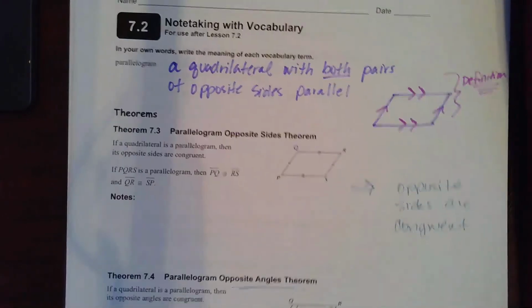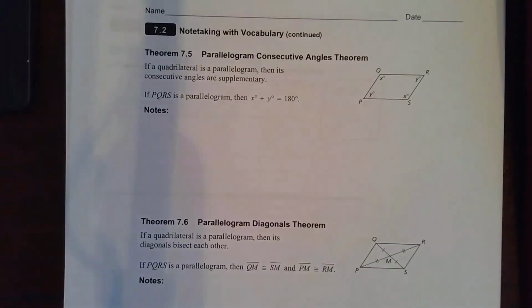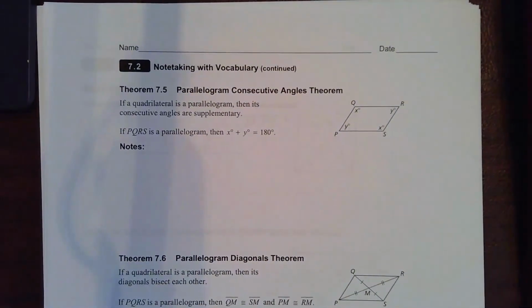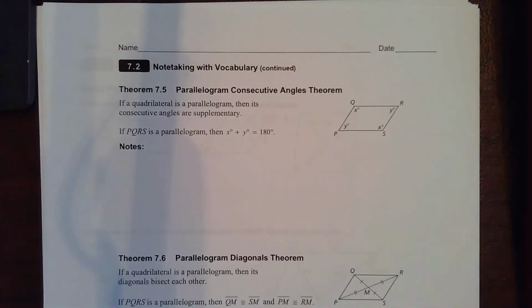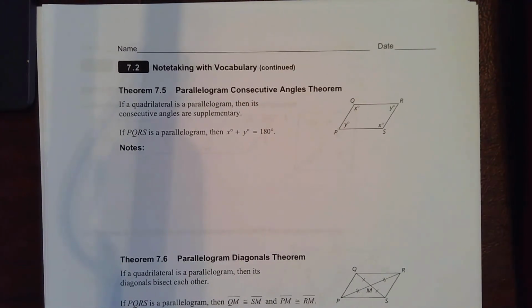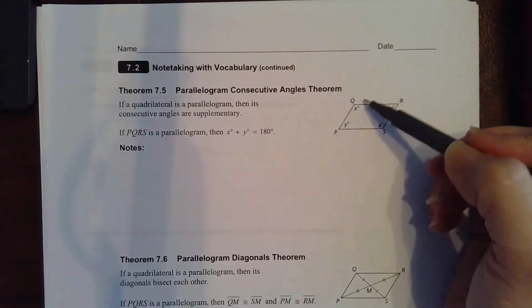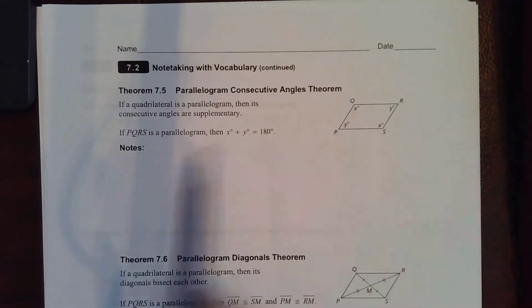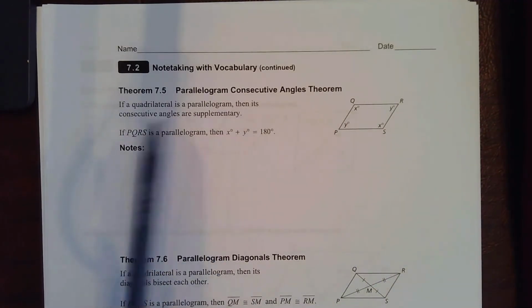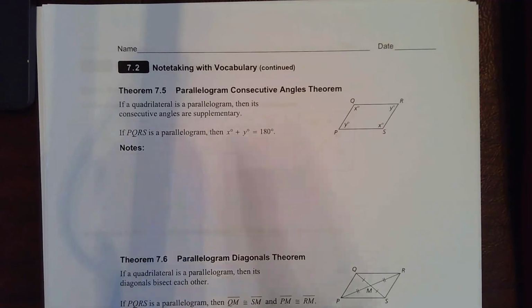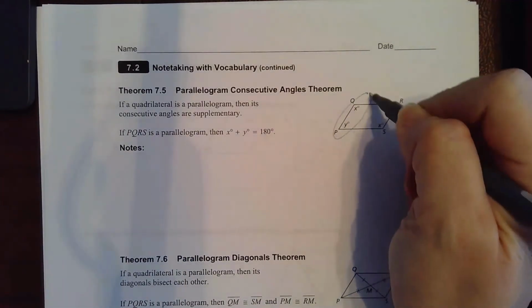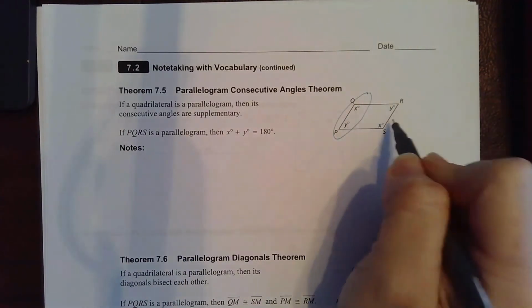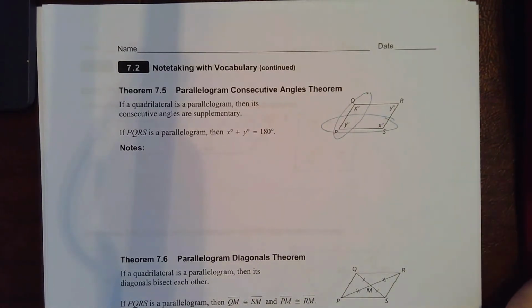All right, there's a couple more properties to chat about. In 7.5, it says parallelogram consecutive angles theorem. What this one is saying is that consecutive angles are supplementary. If a quadrilateral is a parallelogram, then its consecutive angles are supplementary. So if you add up x and y, they're going to add up to 180. Consecutive just means they're in a row, right?